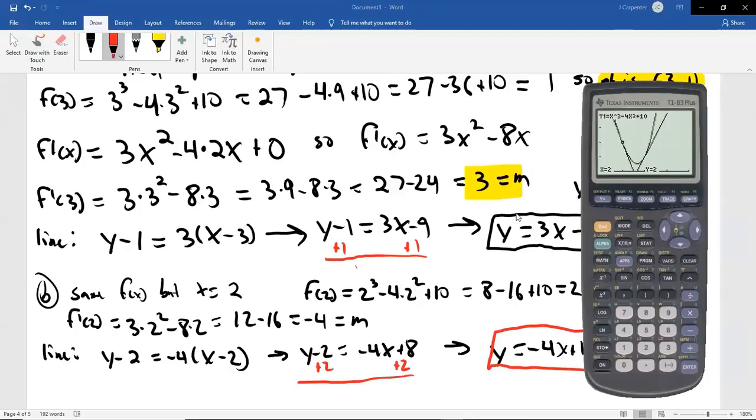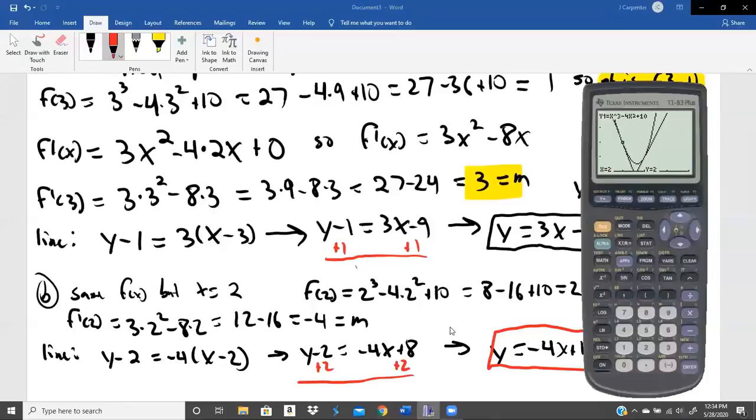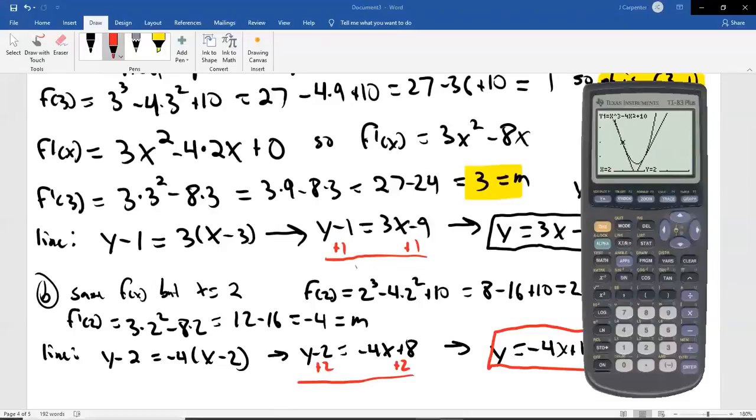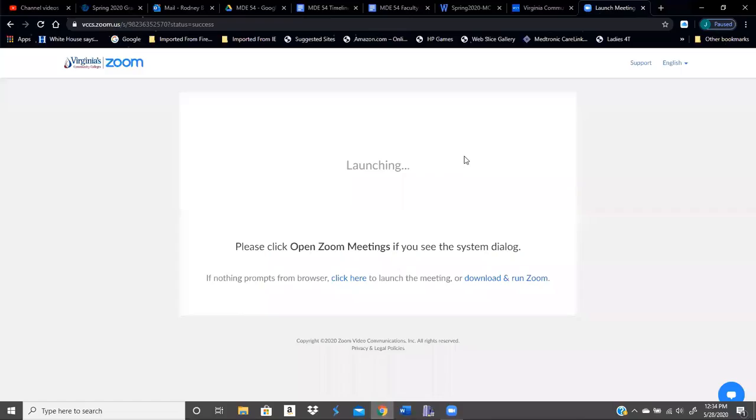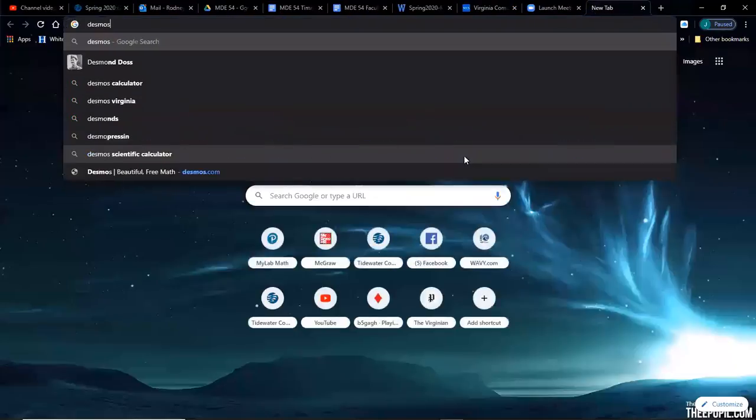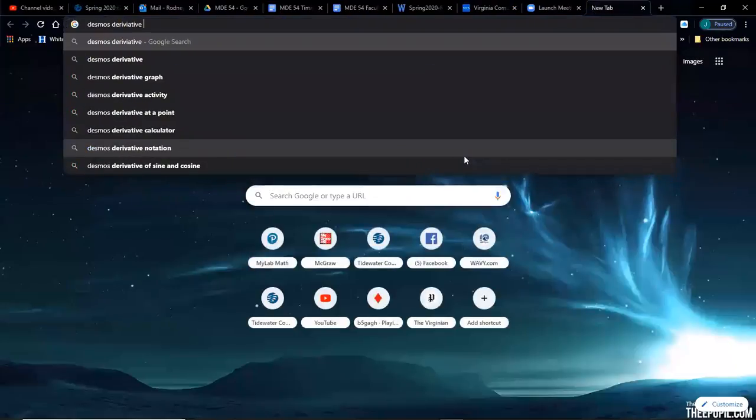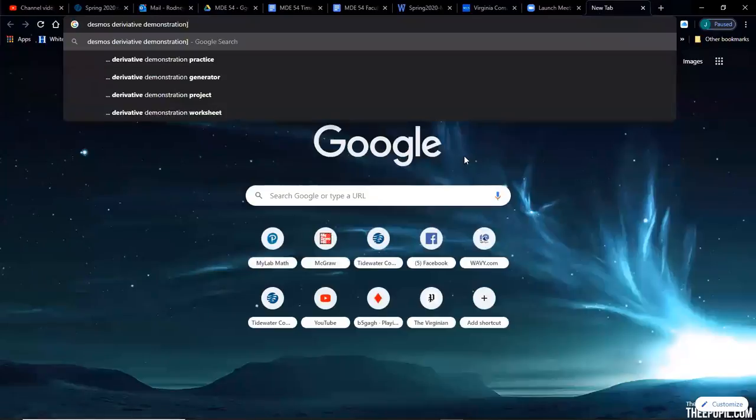I have it written down in my notes somewhere, which was that page I was looking for, I mentioned. It just must be in another folder. So I might demonstrate that at the beginning of next class, how you can just see this tangent line move along the curve as you go. Maybe I can do it now. Desmos derivative demonstration.